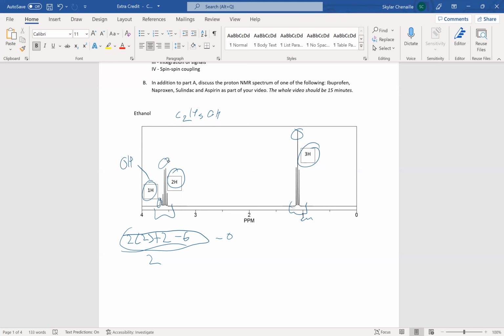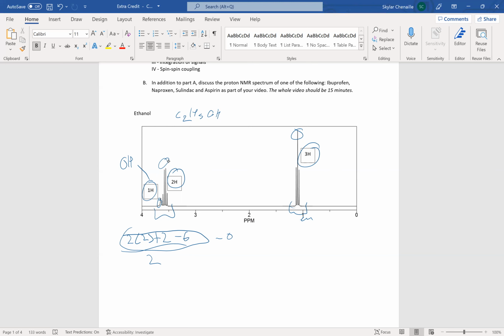For our quartet, that's going to have 3 hydrogens on a neighboring carbon. If I had to bet, that's probably our middle carbon that's attached to the oxygen and to the other carbon. The reason we can think this is because we have that CH3 group on the end, which is what would account for 4.